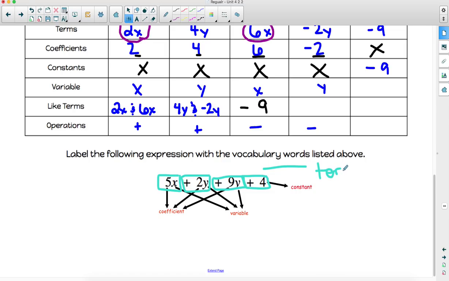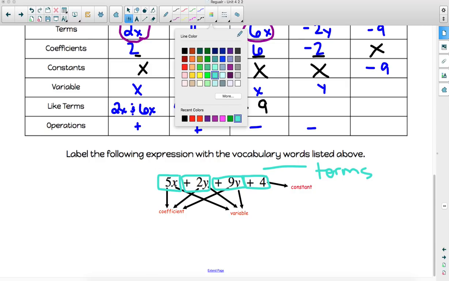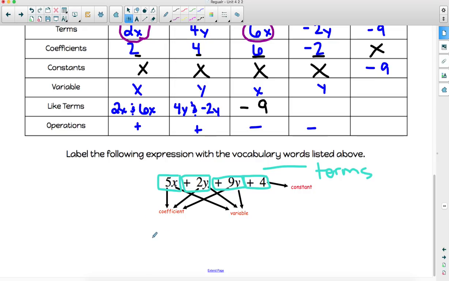In this example, there are 4 terms. The whole kit and caboodle, I'll use another color, this is called an algebraic expression.